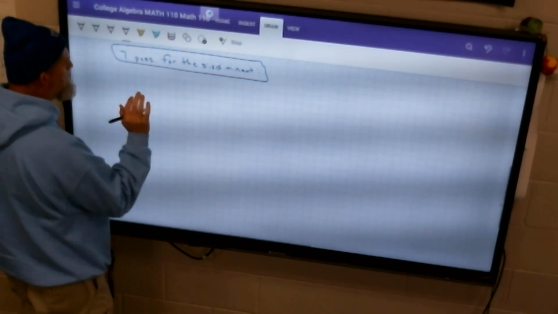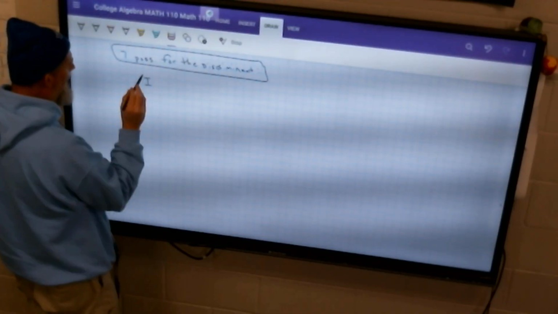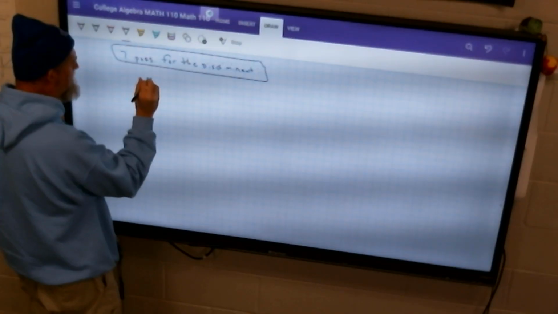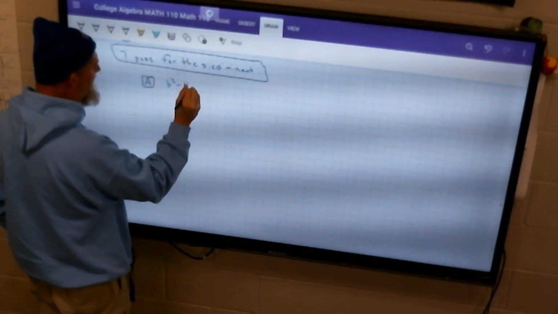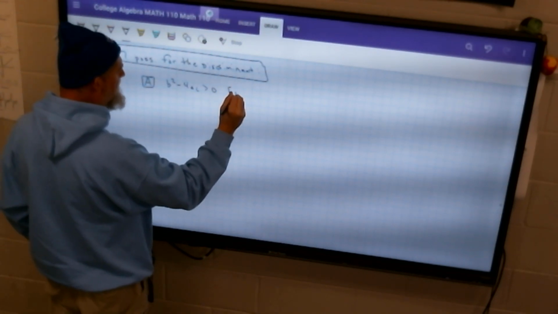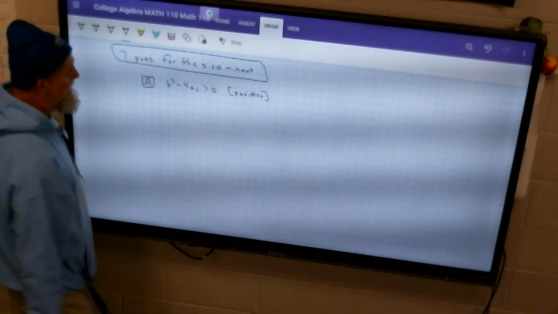So category number 1, if you will say Roman numeral 1, actually I'm going to use capital letters so that I can number the possibilities. Capital letter A, b squared minus 4ac is greater than 0. Or we could say it's positive. Now, what did we say?